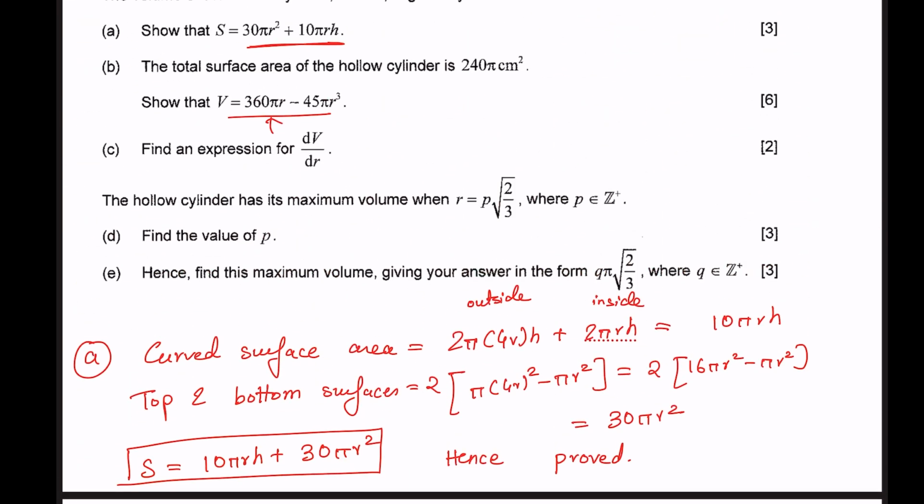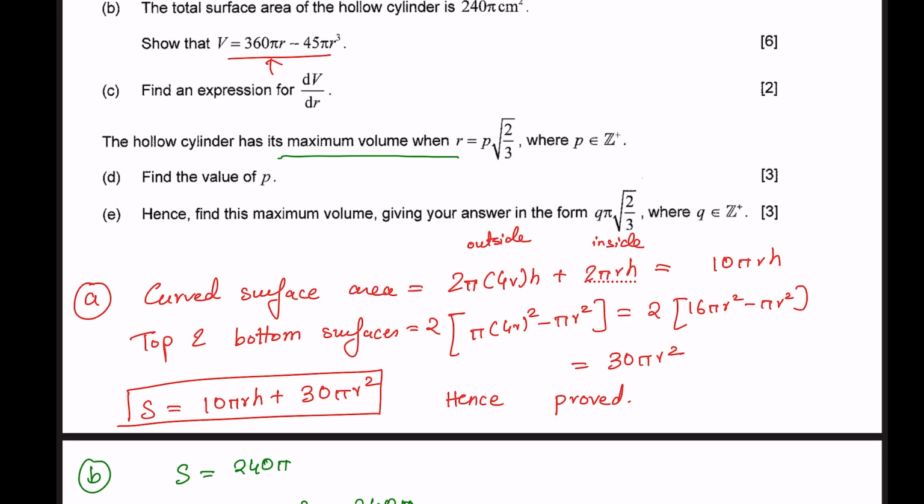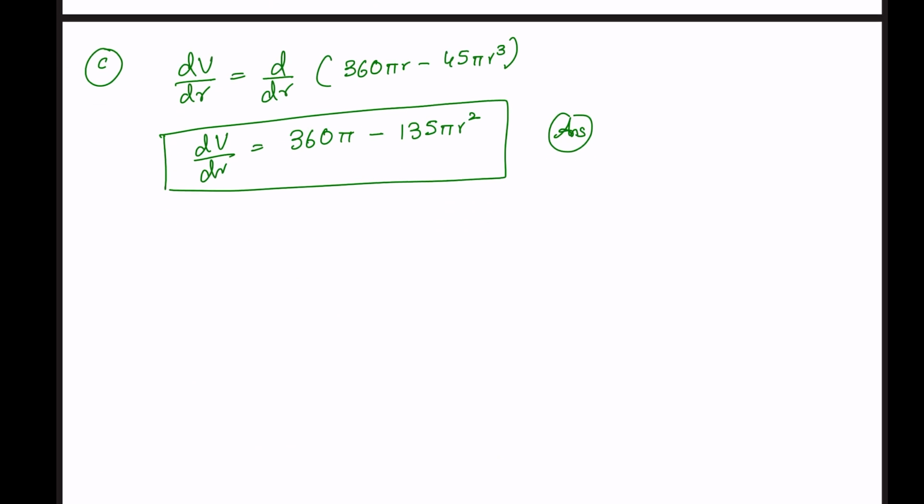For part D, it says that the hollow cylinder has a maximum volume when r is equal to p root 2 by 3, where p is a positive integer. Find the value of p, and then we have to find the maximum volume. Okay, fine. Let's find p first. For maxima, dV by dr would be equal to 0.